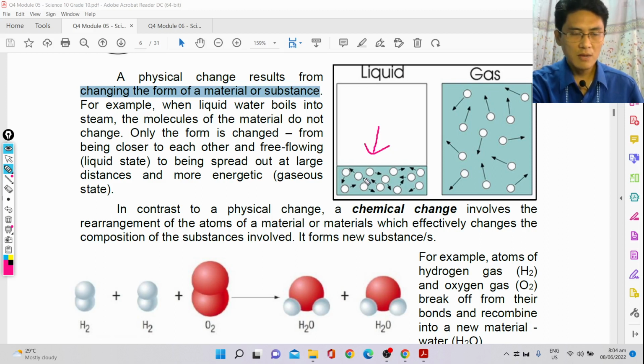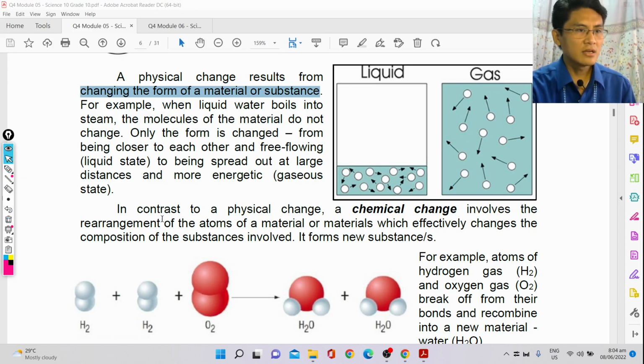So you have those particles. And then when you heat that liquid water and it becomes gaseous, it becomes steam. Notice that it's still the same particles. It's still made up of water particles, but now the particles are more energetic and they are farther apart from each other. But if you look at each individual water molecule, it's still a water molecule. There is no change there.